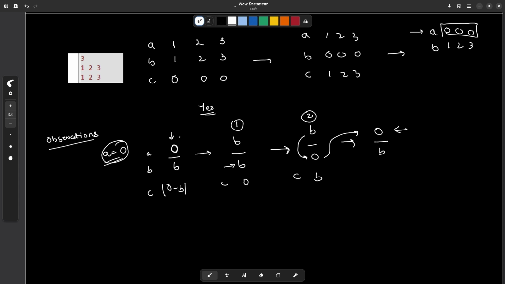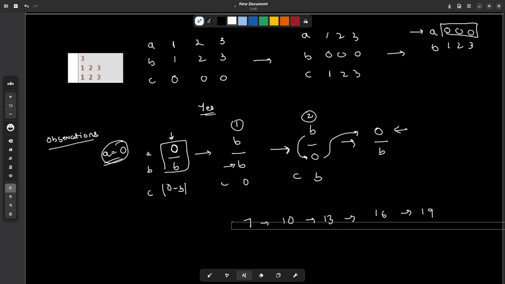If the numerator becomes 0, then for a multiple of 3 moves it is still going to be 0. Let's say I was able to reach this particular state after 7 moves. If I make 10 moves, then my numerator will still be 0. If I make 13 moves, it will still be 0. If I make 16 moves, again 0, 19 moves, again 0. This is how it will continue.